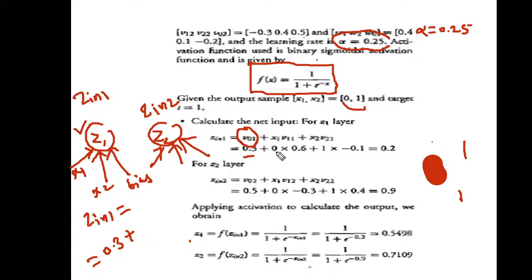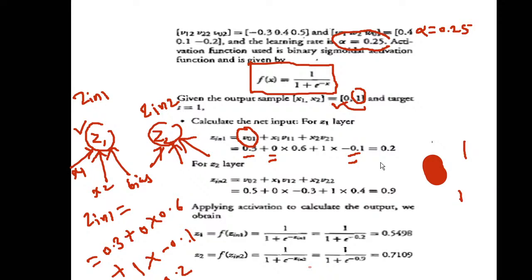Then the next weight which is coming is from x1, and that is 0.6, but the x1 input is 0, so this will be 0 multiplied by 0.6, plus 1 multiplied by minus 0.1, because x2 is 1 and it is connected by weight minus 0.1. And this total will be 0.2. If you want to check it, we can check it.